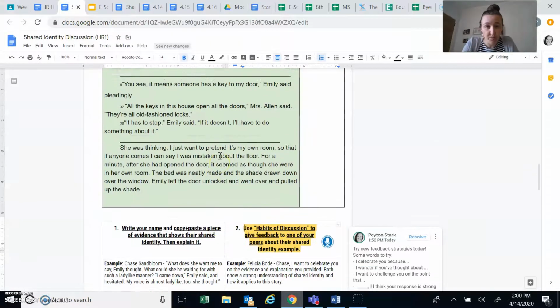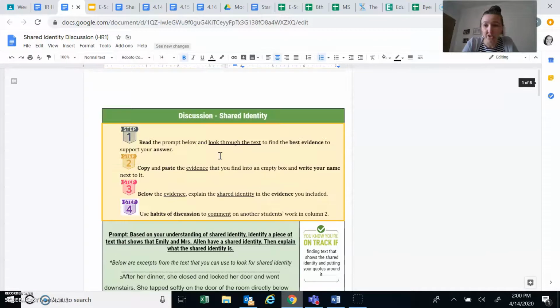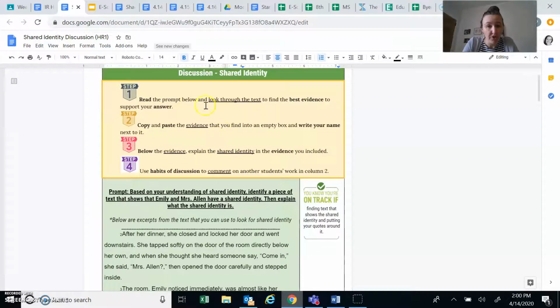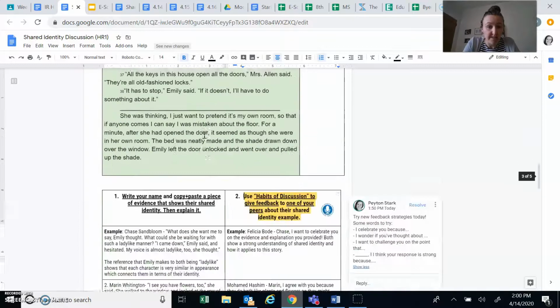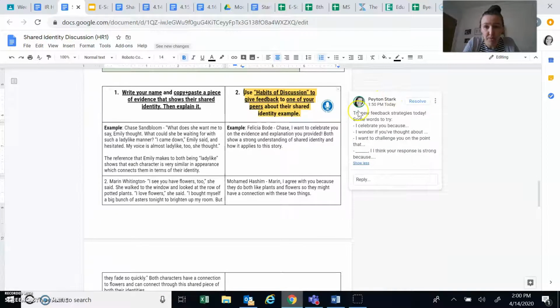So last thing I'm just going to point out, in this shared identity discussion document, make sure you are following all directions. And down here, I put some sentence starters for you as you continue to practice habits of discussion when giving feedback. I'm seeing a lot of "I agree" and "I disagree," and I think we can push ourselves to use other types of sentences.